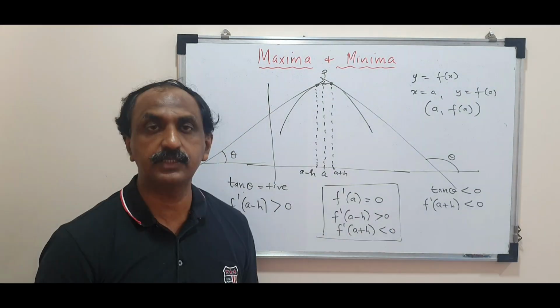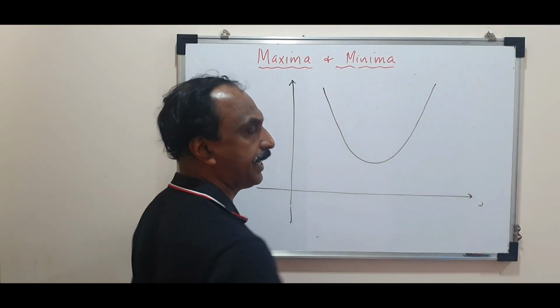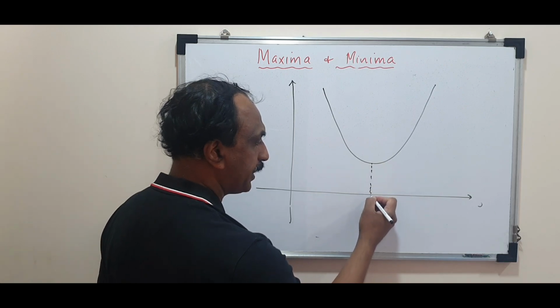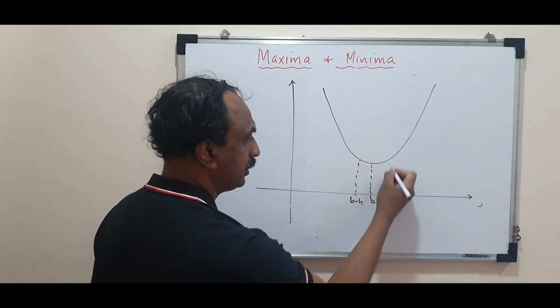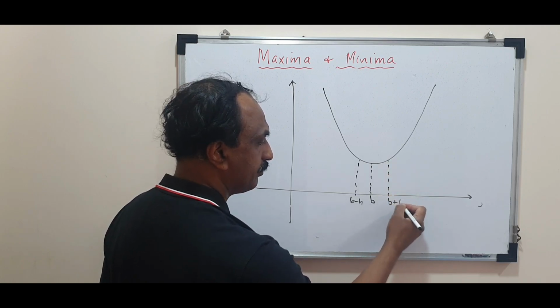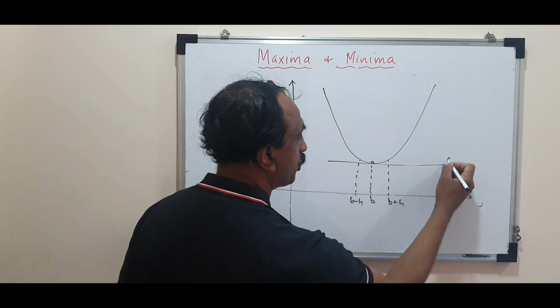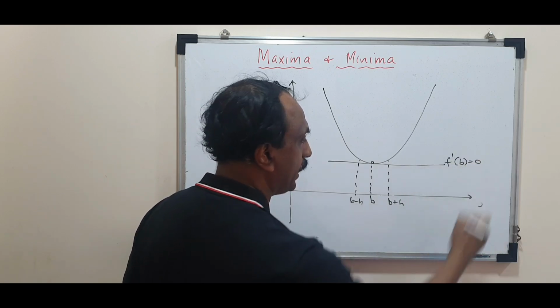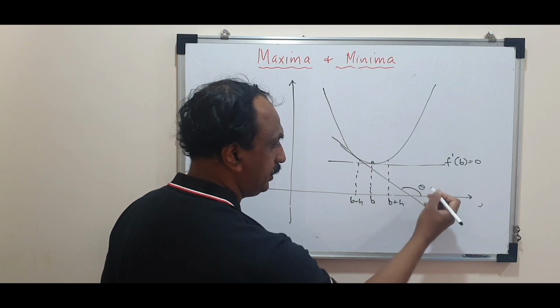We'll see what happens in the case of local minima. In local minima, the graph will be in this manner. Let's call this point B. Let's take this point as B minus h and this point as B plus h. So naturally the derivative f dash of B will be 0 because the slope is 0 there. If you take a point here, it is an obtuse angle.